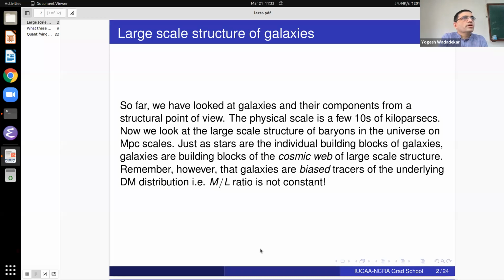distribution. So if you want to compare the dark matter distribution that you get, for example, from numerical simulation with the distribution of galaxies, you have to assume or model what is called the galaxy bias, which is the ratio of the baryonic mass of the galaxy to the dark matter, to the total mass of the galaxy. And that is not constant.